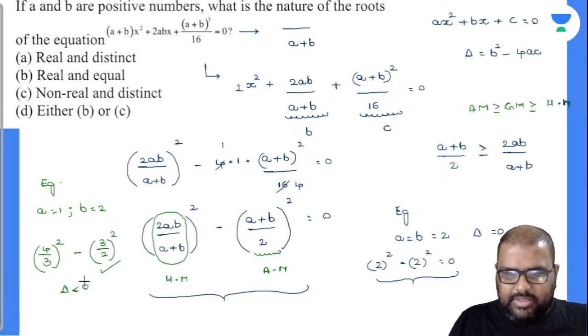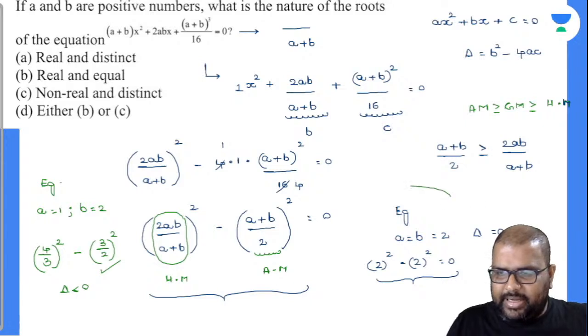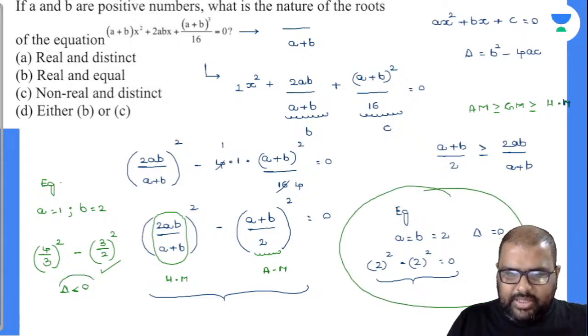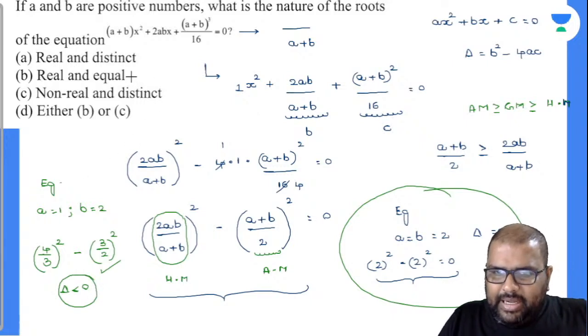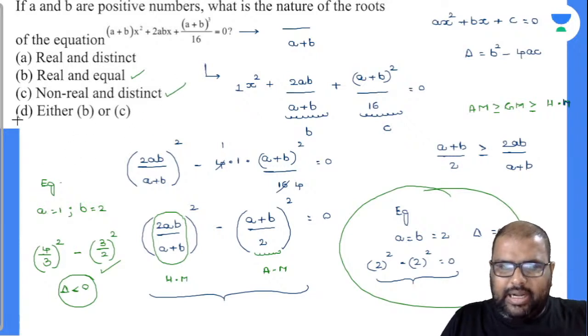Closely observe, there are two cases. Either my discriminant value is equal to 0 or my discriminant value is less than 0. So my answer might be real and equal, or it might be non-real and distinct.